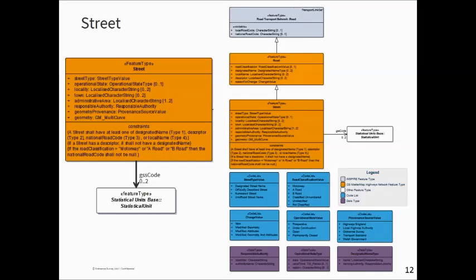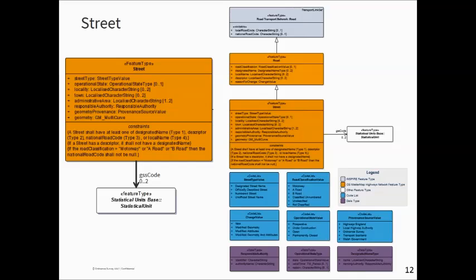So it should only have one of the designated name type 1, descriptor type 2, national road code type 3, local road code, which is type 3 as well, or the local name type 4. So for example, just to explain this a bit more, if a street has a descriptor, it shall not have a designated name. Also, another important constraint to mention: if geometry provenance does not equal Ordnance Survey, then the link attribute shall be null.